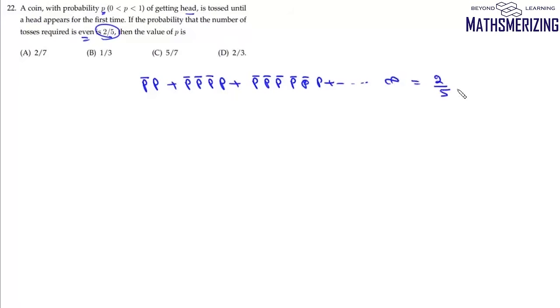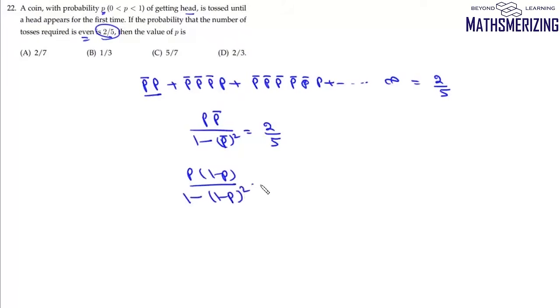Now we know that this is nothing but an infinite GP. So sum of an infinite GP is first term upon 1 minus the common ratio. Now what is the common ratio? Common ratio is P bar square, and this is equal to 2 by 5. Now we know that complement of P is simply 1 minus P, and here it should be (1 minus P) times P upon 1 minus (1 minus P) square, equal to 2 by 5.